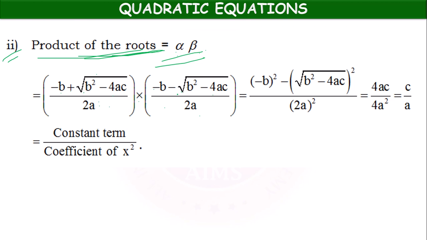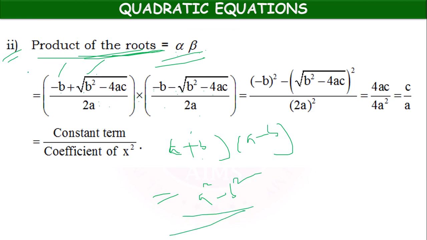If we do the product, this is in the form of a plus b into a minus b, where a is minus b and b is root of b square minus 4ac, whose formula is a square minus b square.